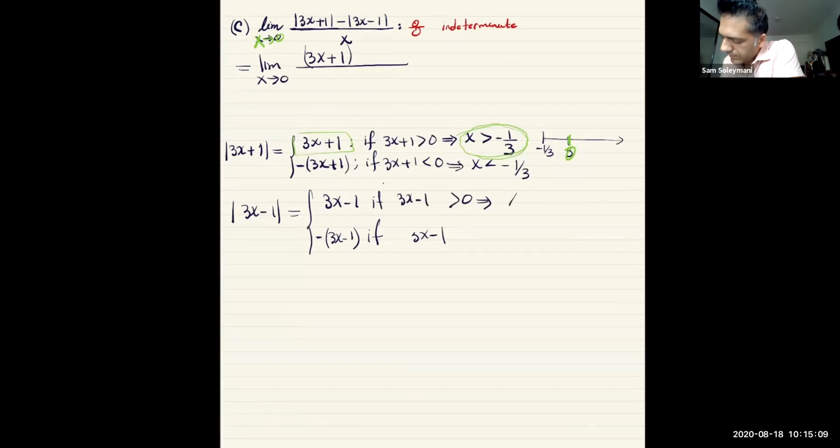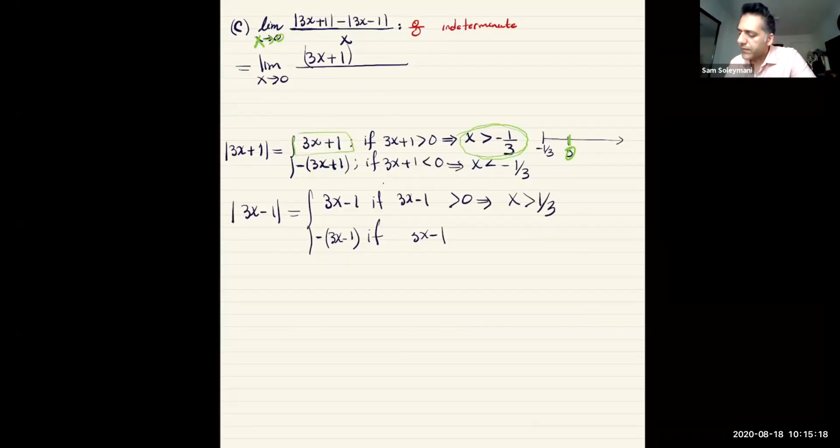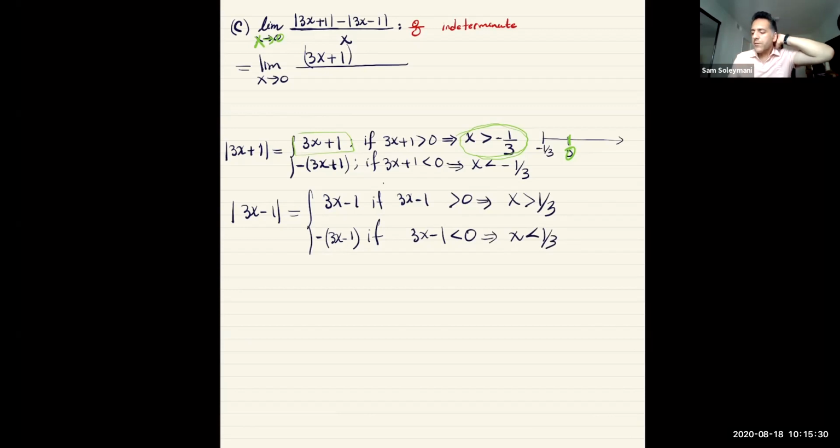Yeah, so if x is greater than 1/3, that's the thing. And then the negative of 3x minus 1, if 3x minus 1 is negative, which means x has to be less than 1/3, correct? So my question for you guys, since the limit is as x goes to 0, which interval are we in?